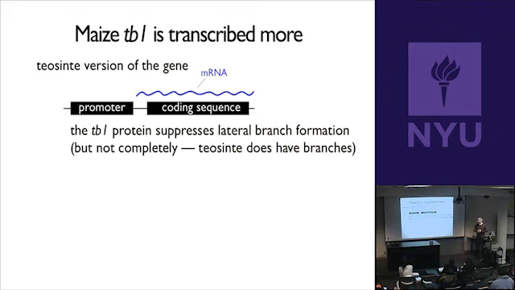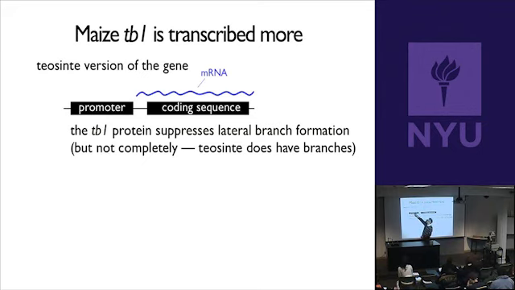Basically, the difference between teosinte and corn in this gene is one of activity, how much mRNA it's producing. So the teosinte version of the gene produces a little bit of messenger RNA. It's not very active at all. I'm schematizing this here by showing the coding sequence of the gene that would have the amino acid codons in it, and then the promoter of the gene, which determines how active the gene is.